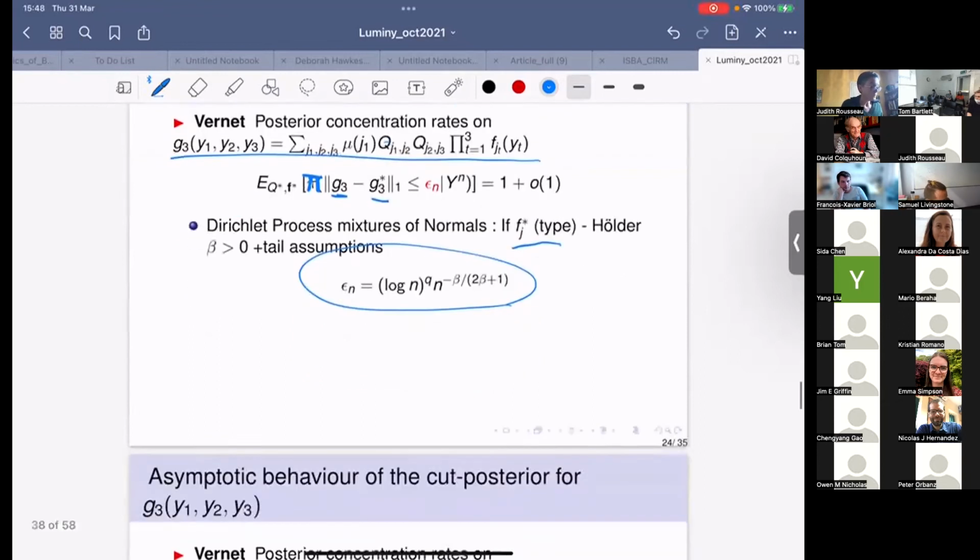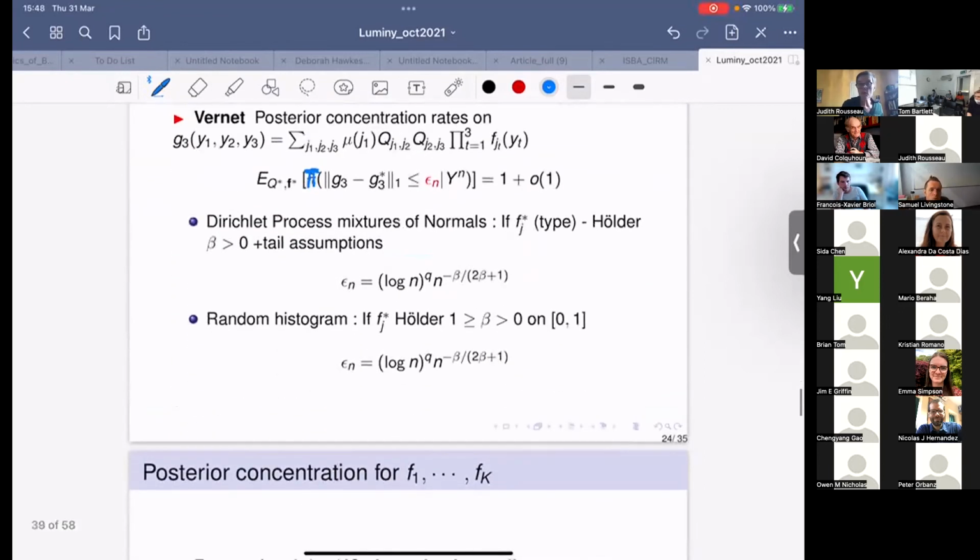If I use random histograms or splines, then I'm forcing beta to be less than 1, and I have the same rate for beta less than 1 because they are piecewise constant functions. Polyatries is the same. And these priors, for instance, are adaptive. They are adaptive in the sense that I don't know beta, so my prior doesn't depend on beta.